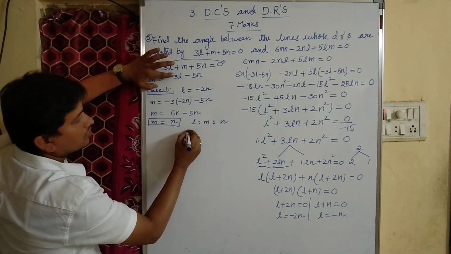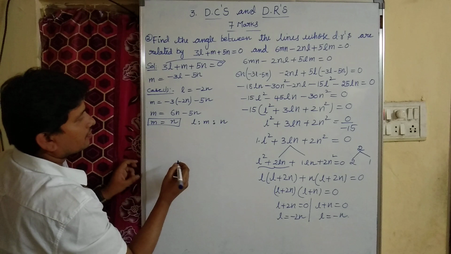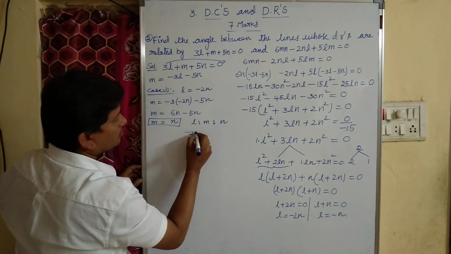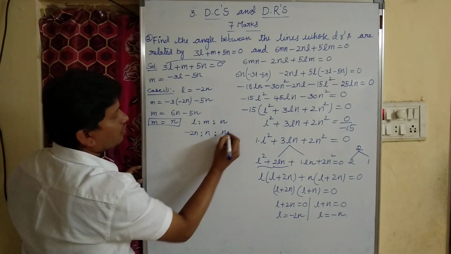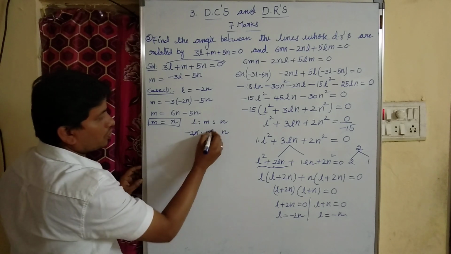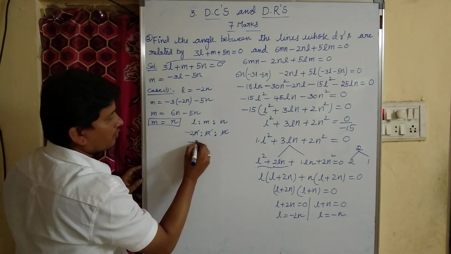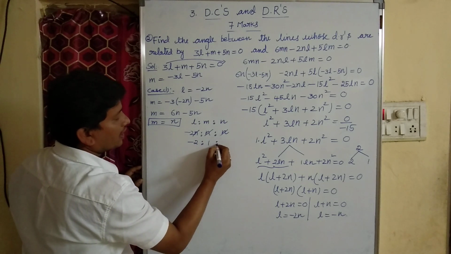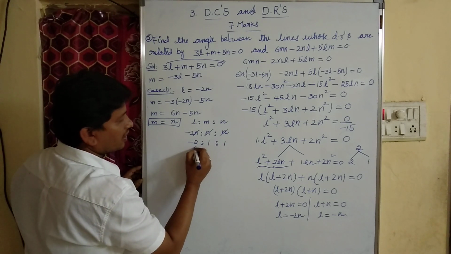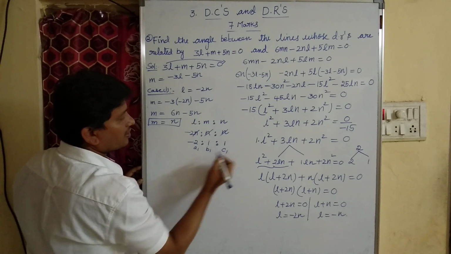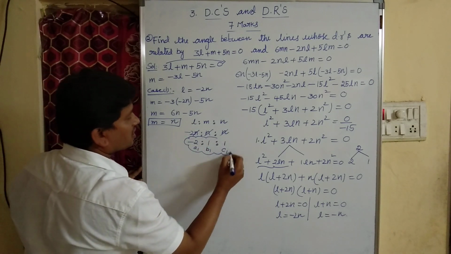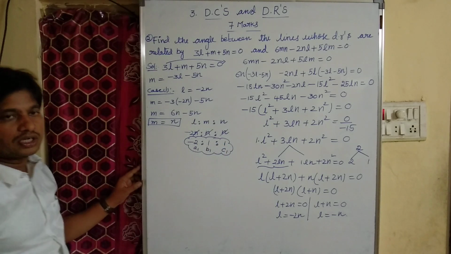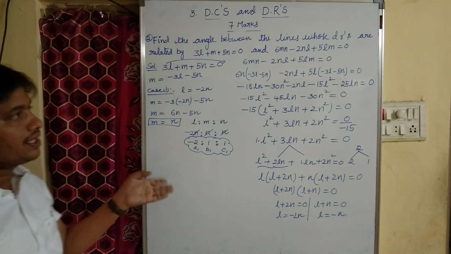L value minus 2n, and m value is n, and n value as it is. n gets cancelled. We got minus 2 is to 1 is to 1, and these are our A1, B1, C1, right? So these are the DRs of the first line. The DRs of the first line are minus 2 is to 1 is to 1.